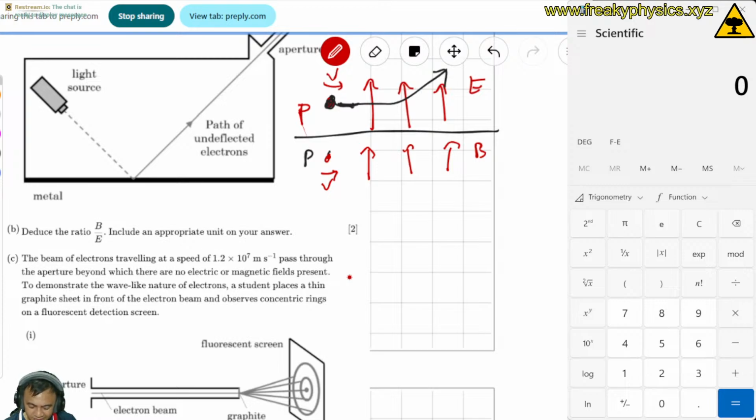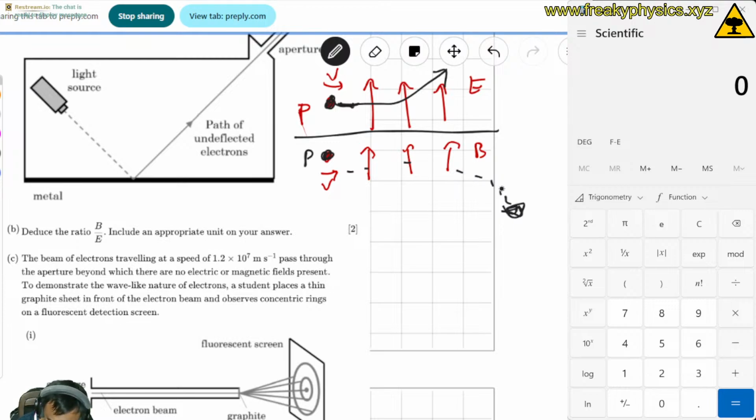So in this case, this proton here is going to be deflected out of the page. So basically, if I draw this in 3 dimensions, it's gonna kind of look like that in 3D.